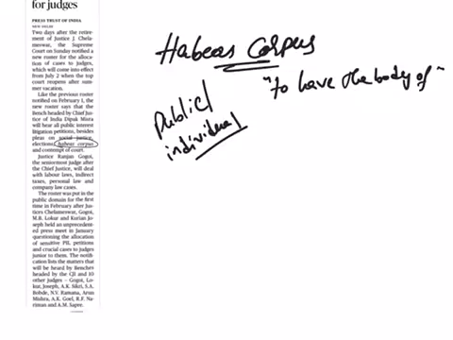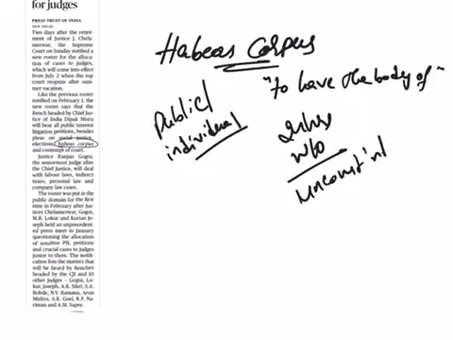This writ can be issued when the person is detained and not produced before the magistrate within 24 hours, or when the person is arrested without any violation of the law, or when the person is arrested under an unconstitutional law, or when the detention is done to harm the person.